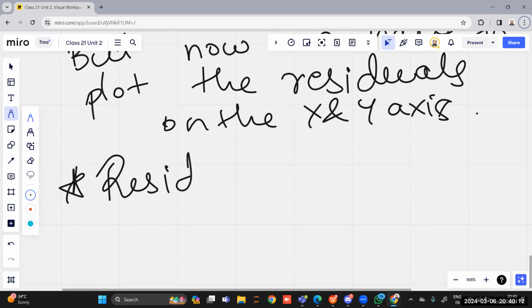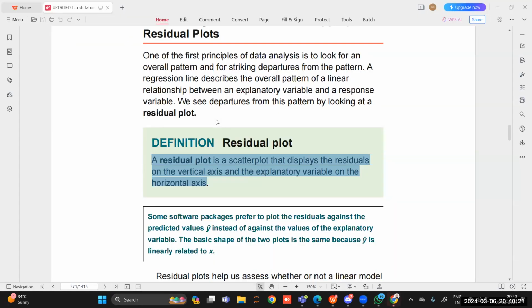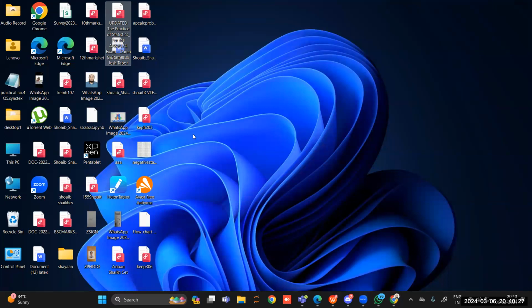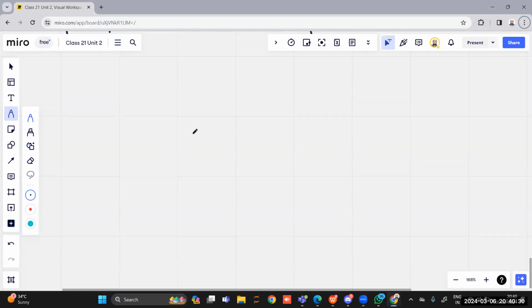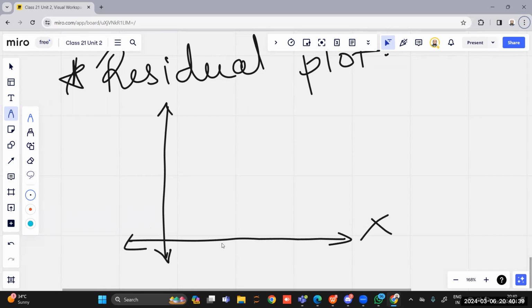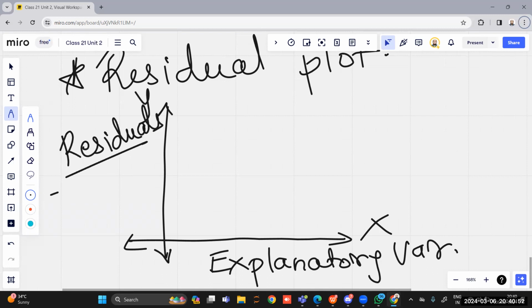For a residual plot, he's telling us that it is a scatter plot in which on the x-axis there is the explanatory variable, and on the y-axis there are the residuals that we are going to calculate, or the software is going to calculate.